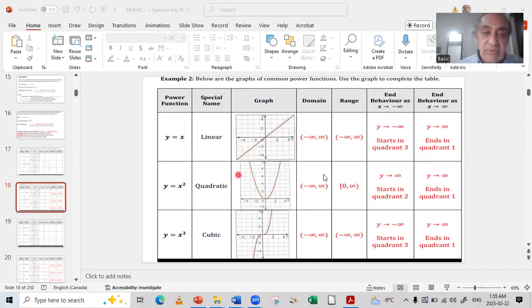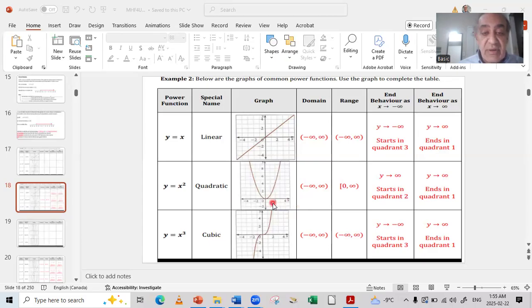Now we'll go to the second one, y equals x squared. This is the figure of it. The power is 2. For x, there is no problem. Any number, so minus infinity to positive infinity.